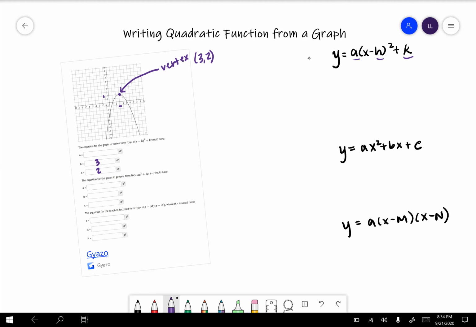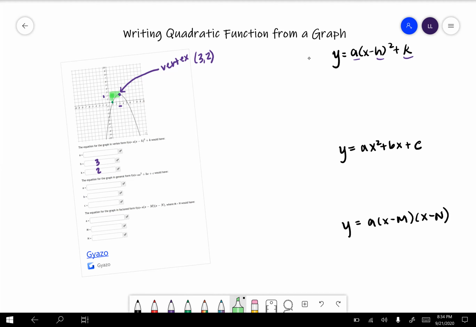You can find A by plugging in points and solving for A, which I will do in another example. But you can also find A by finding the slope. So what you want to do is find two good points. I see this point right here, that's a good point. I'm going to find the vertical and the horizontal distance.